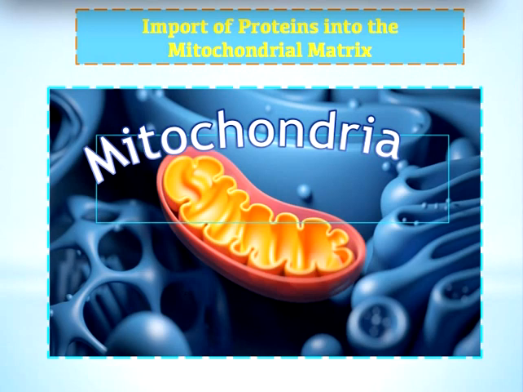Although mitochondria have their own ribosomes, there are numerous proteins which are synthesized in the cytosol and they need to enter the mitochondria. Therefore, there must be a way using which the proteins can enter the mitochondria.